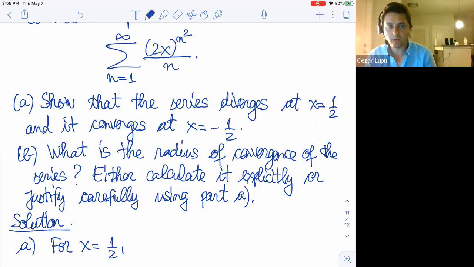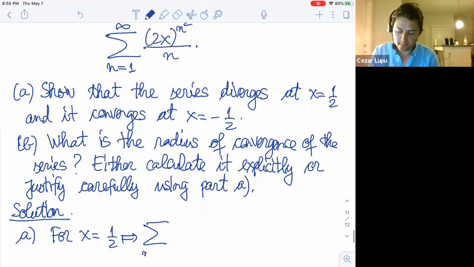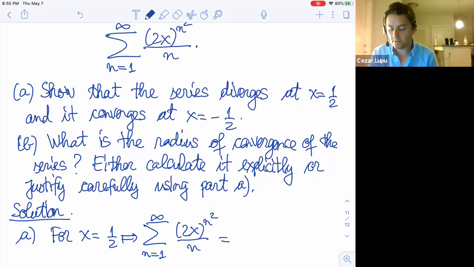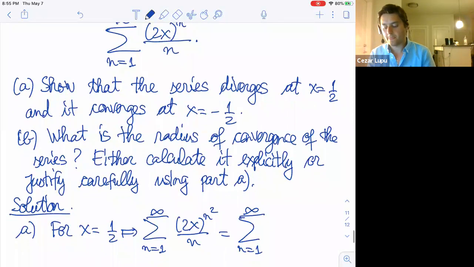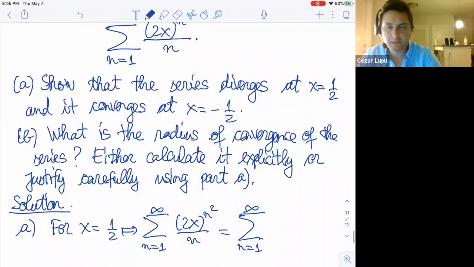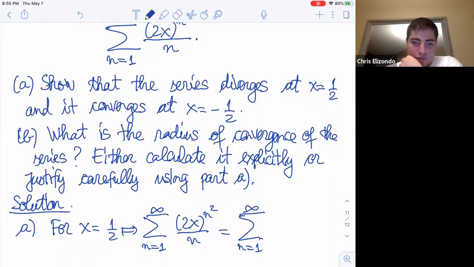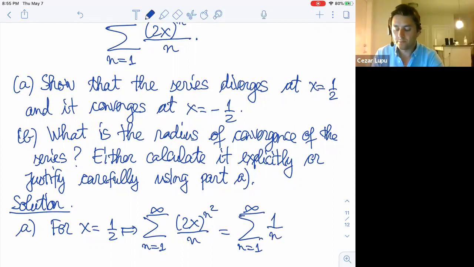If we put into our series x equals 1/2, our series will become what? 2x to the power n squared, everything over n, will become nothing else than just 1 to the n squared over n, which is 1 over n, since 2 times 1/2 is 1.